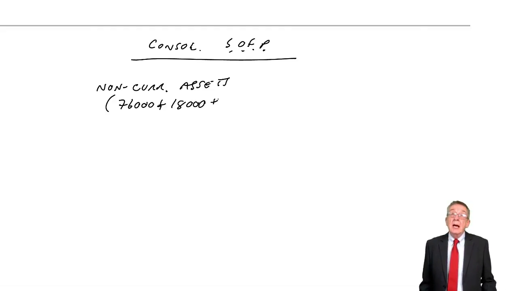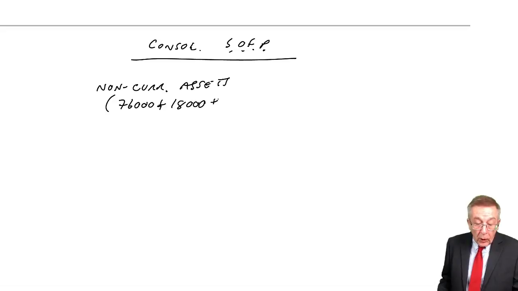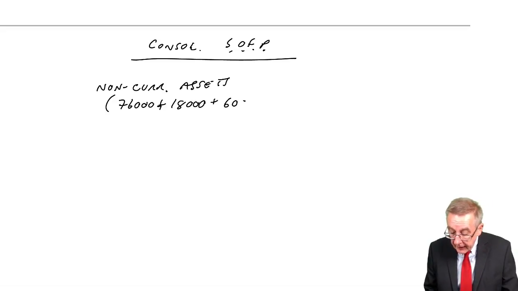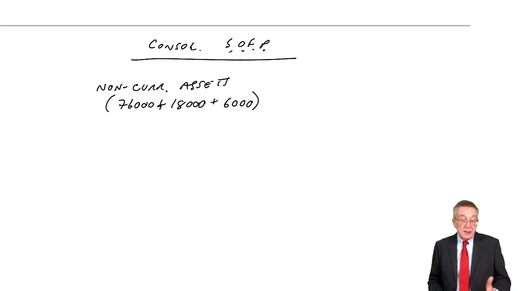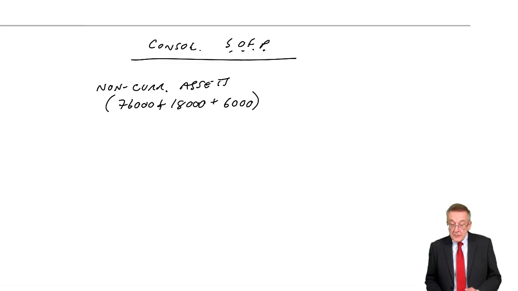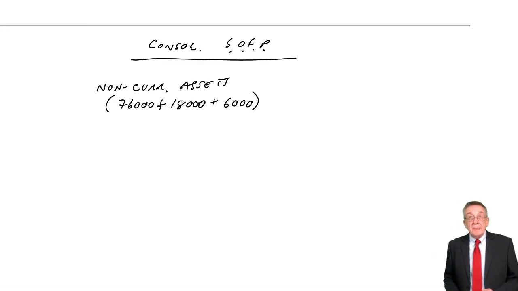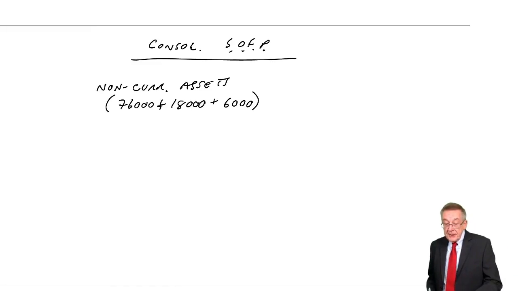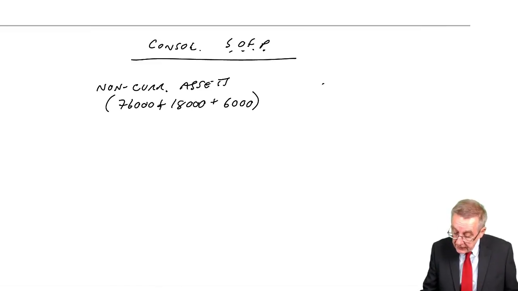We decided that the assets were actually worth more. We add on that fair value adjustment of 6,000 that was in the second sentence. So the total value for the consolidated statement, 76, 89, 100,000.